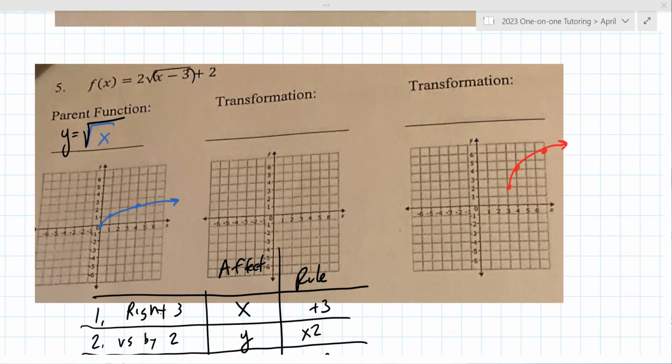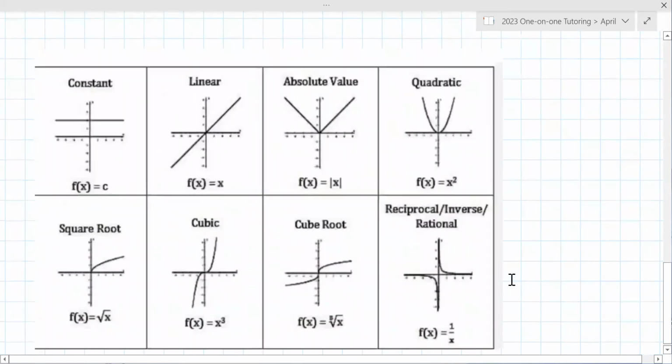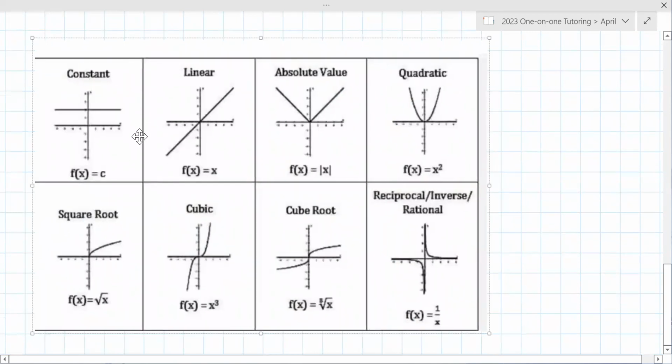Let me see if I can find an image of that. All right, so you know some of these. Let me snip this in. There's some expectation here that you know some of these graphs, like a line, absolute value, quadratic, square root, cubic, cube root.